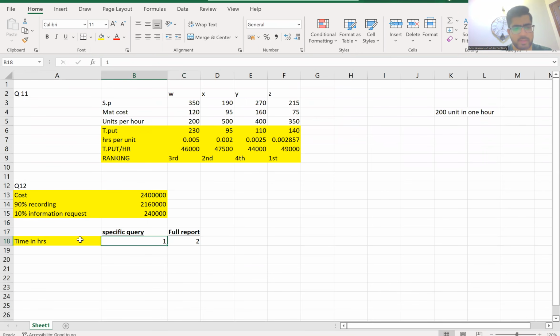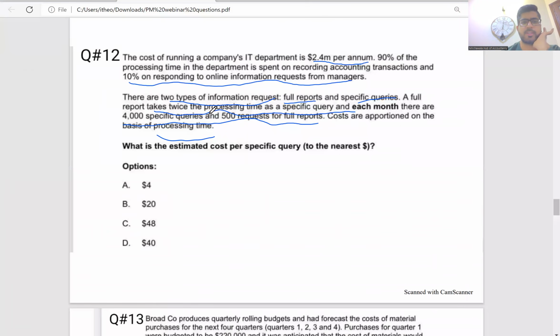You can put any dummy figure. If a specific query takes 2 hours, a full report takes 4. If a specific query takes 5 hours, it takes 10 hours. If a specific query takes 1 hour, a full report takes 2 hours. This is what it means: a full report takes twice the time as a specific query.